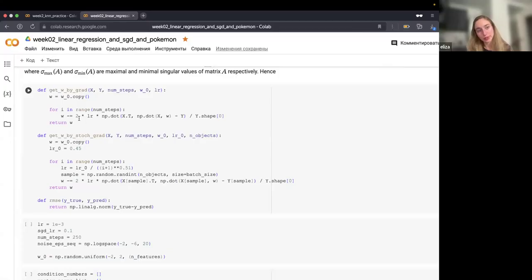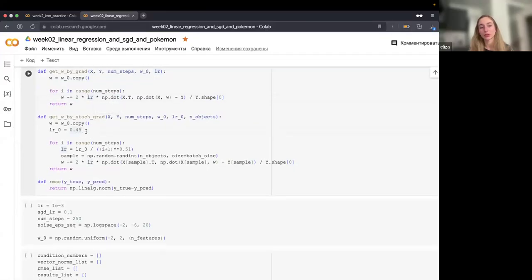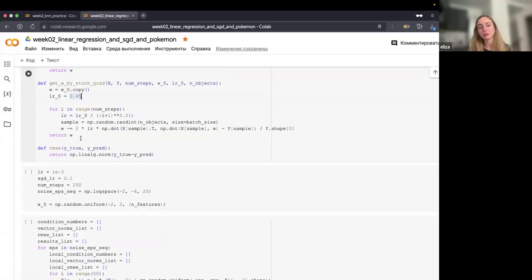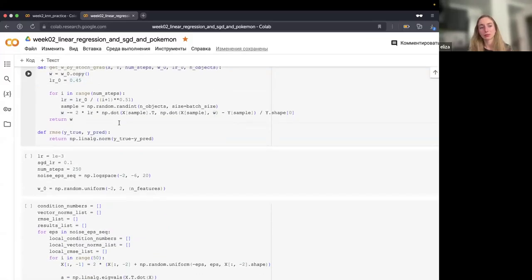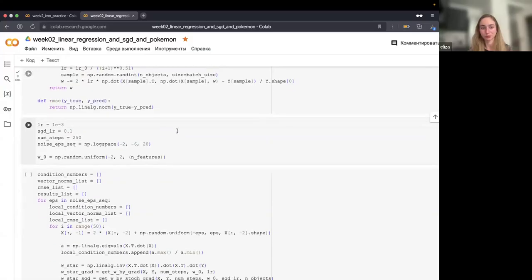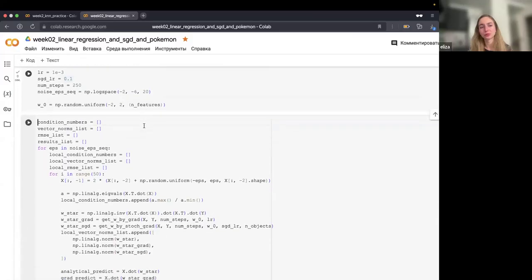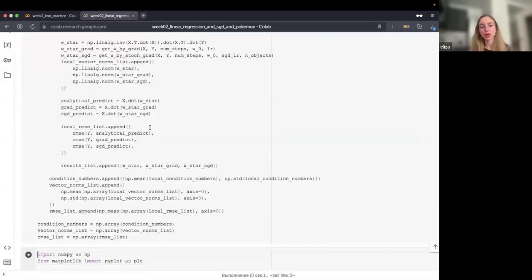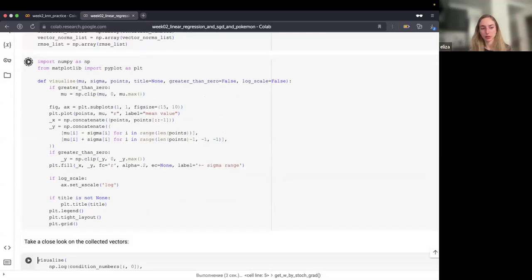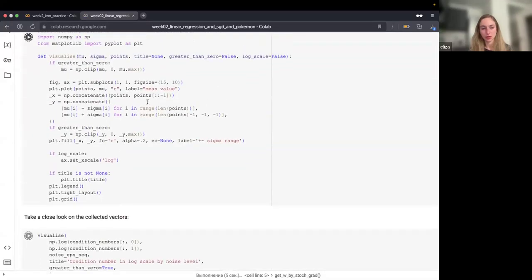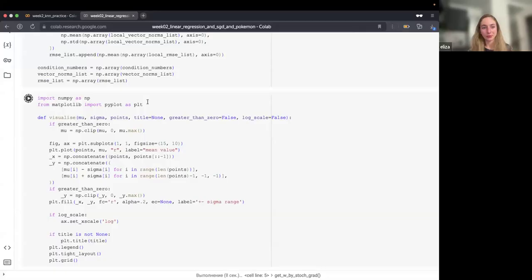Let's check. We have a function. This function describes the classical gradient descent. This function describes stochastic gradient descent. And this function describes RMS, which we discussed. We have some noise. Let's run our cells.